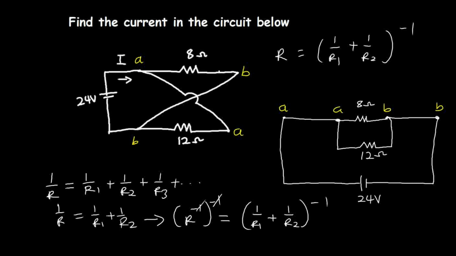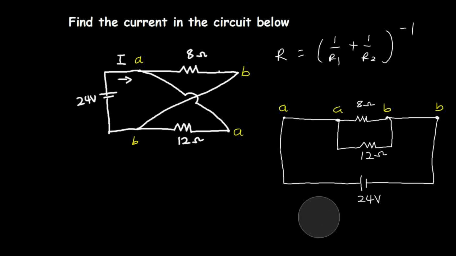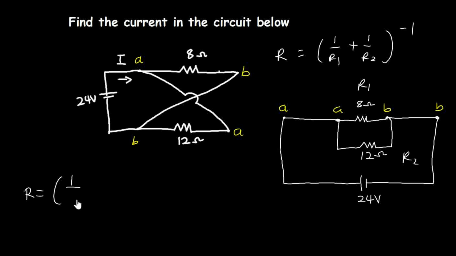Now let's substitute the values into this formula and then calculate the effective resistance. So I have R equal to 1 over R1. I'll take the 8 ohms to be R1 and the 12 ohms to be R2. So that will be 1 over 8 plus 1 over 12, all to the power negative 1.